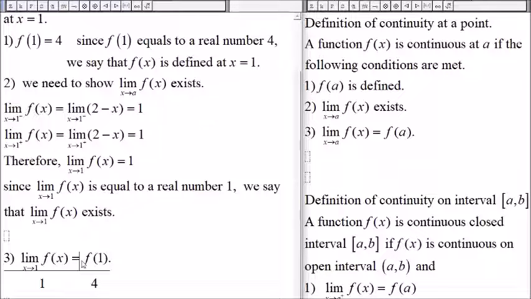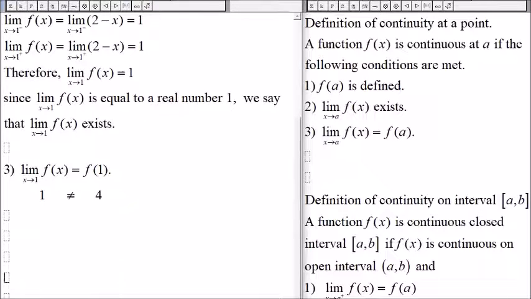And so what that means is that 1 is not equal to 4. And so condition number 3 fails. So we have condition number 1 is met, condition number 2 is met, but not condition number 3.